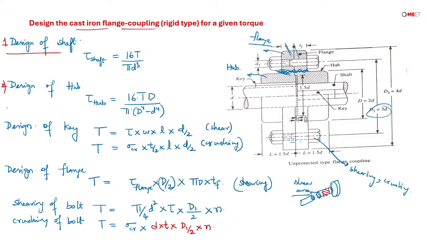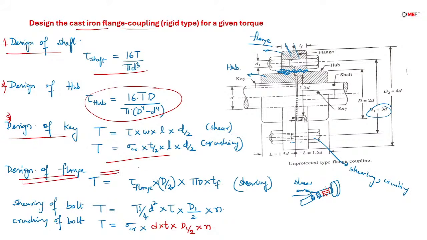So in the cast iron flange coupling, first we start with design of shaft, then it goes with design of hub. Design of key is repeated in most of the couplings, so this is a common part. Even design of hub is common with muff coupling or sleeve coupling. Design of flange is a newly added part, and design of the bolts is also a newly added part.